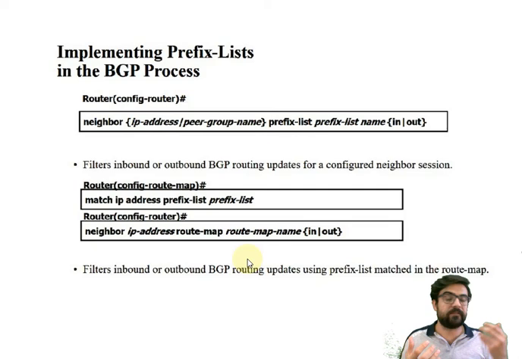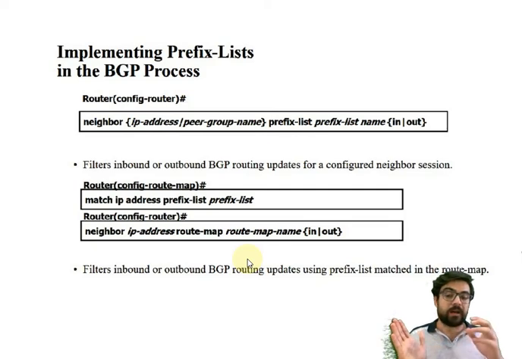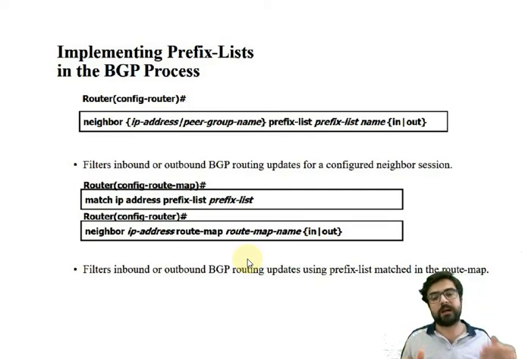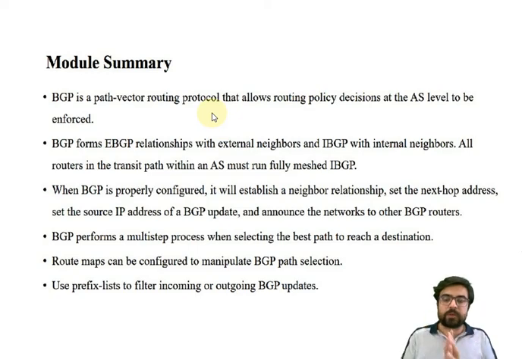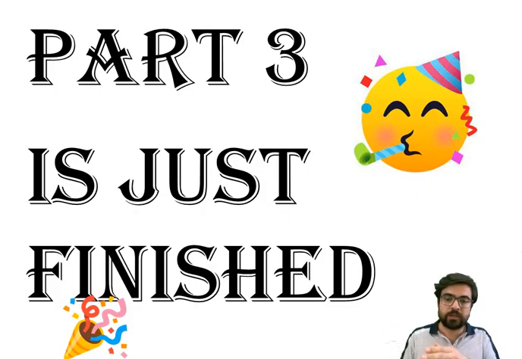Like the way that we added the access list for the MED and the other things, we added them by route map. We can here use either a route map or this command. Both are correct. Okay, and this is the summary of the module and of whatever I've said in this video.